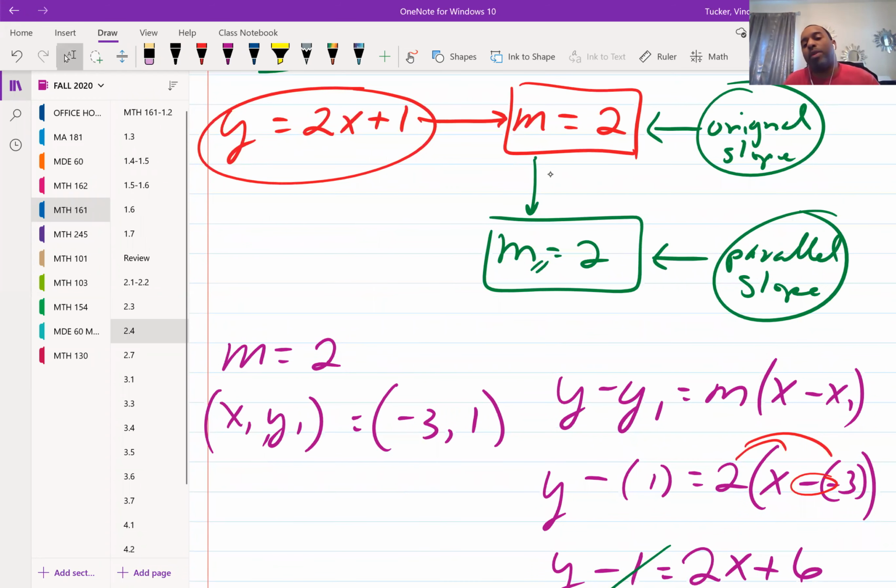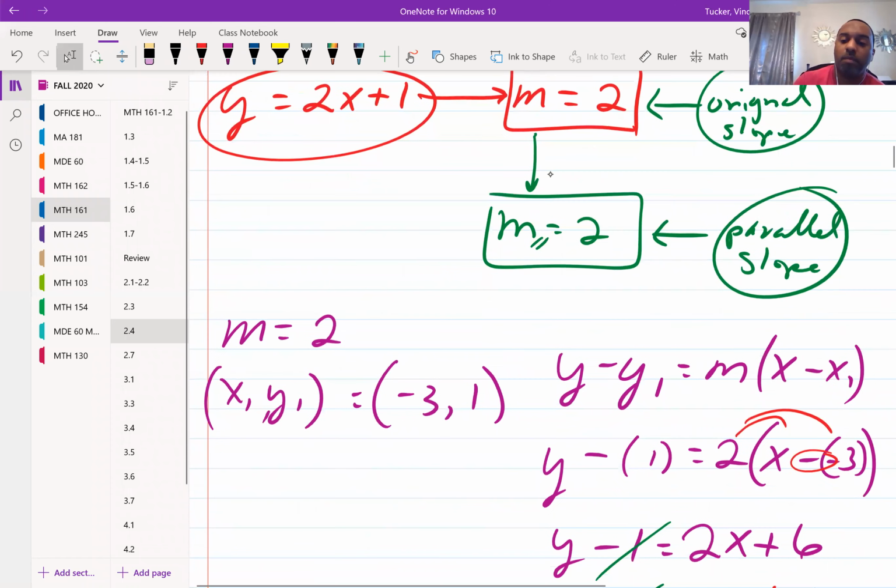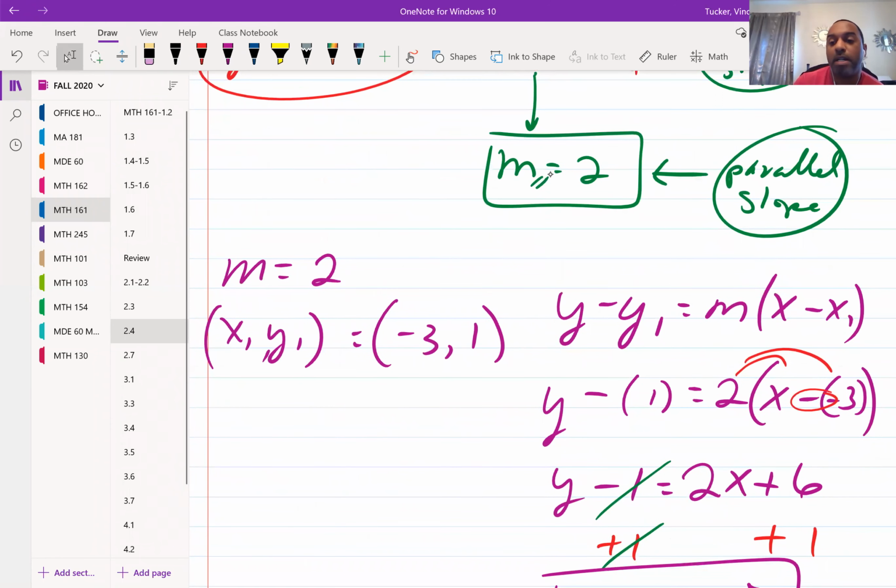Plug in 1 for y1, 2 for m, and then -3 for x1. Add 1 to both sides.